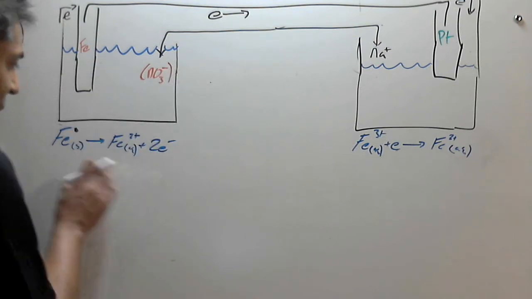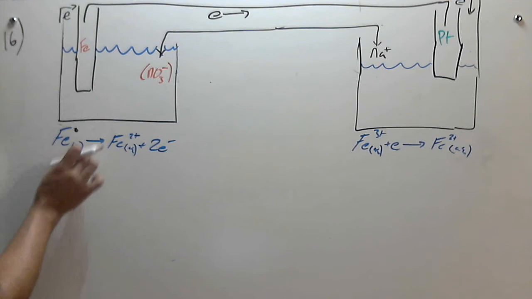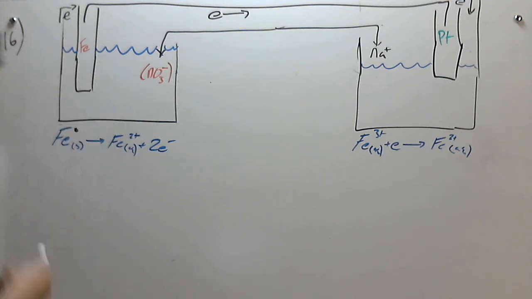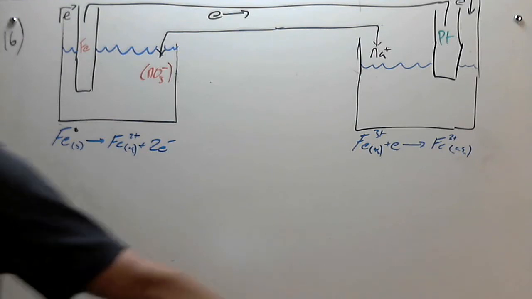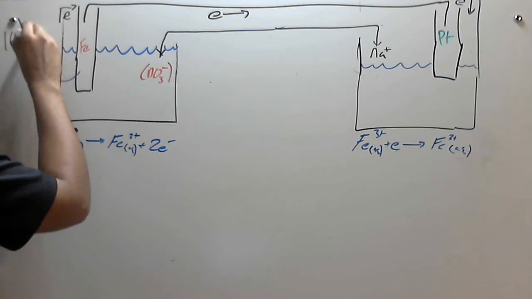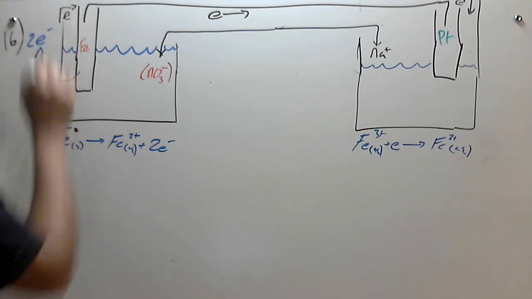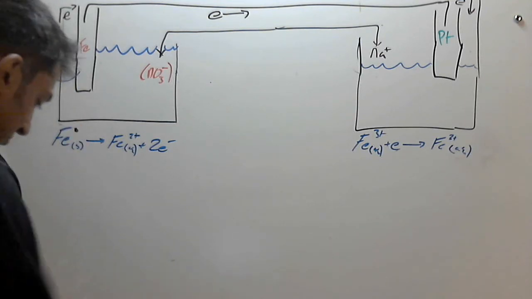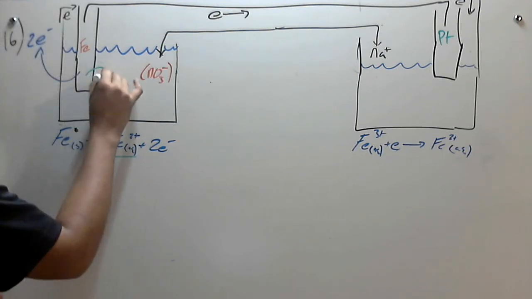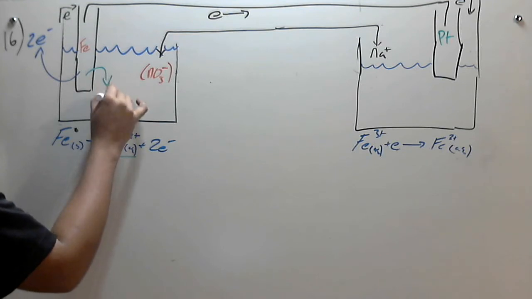So they're going to tell us this solid bar of iron is going to lose 2 electrons this way. So let's write that. 2 electrons it's going to lose this way. And then we're going to be putting in solution, aqueous, Fe2+.